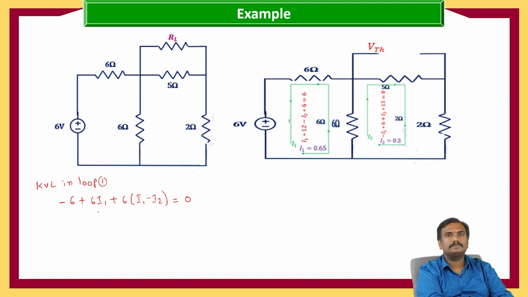That is 6 plus 6, 12 I1 minus 6 I2 is equal to 0. This is KVL in loop 1.